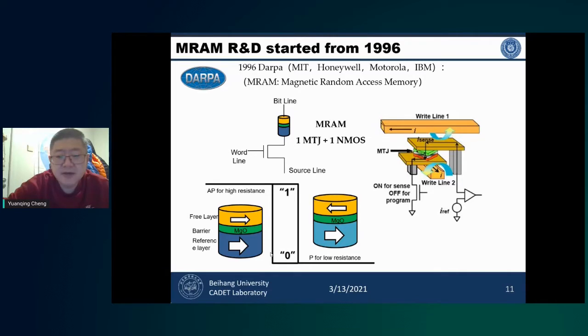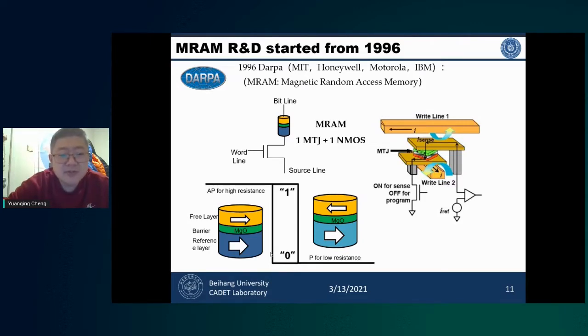Because the current can be generated within the circuits on chip, we can obtain very high integration density and eliminate the magnetic field interference problems in toggle MRAM. That's why STT-MRAM attracted enormous attention from both industry and academia.